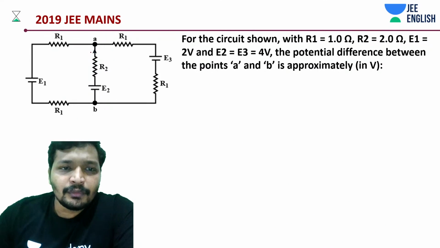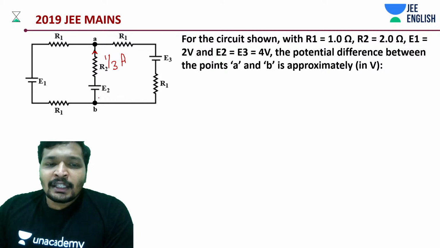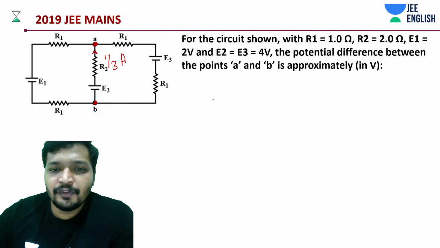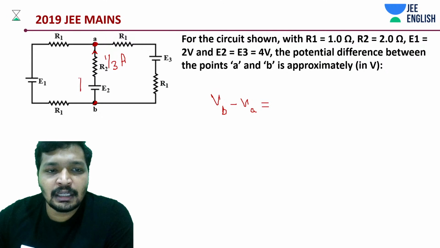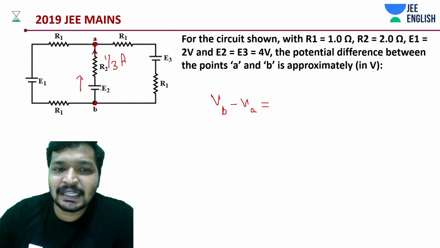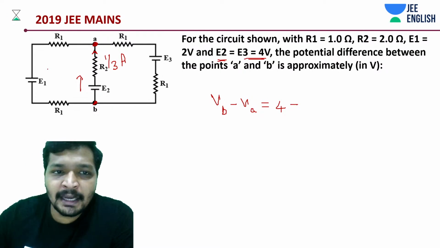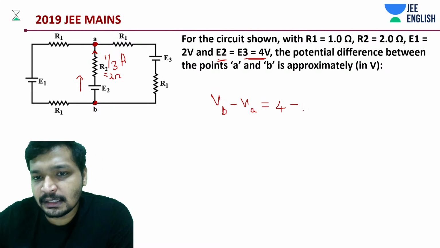I'll get to the formula based thing as well. Okay, so what do we know? This is 1 by 3 of an ampere. Now what is the potential between A and B? VB minus VA. Notice this thing. How much is this? This is going to be E2, that is 4 volts in this case. 4 minus, this is 2 ohms, minus, do remember it's minus, it's dropping, right?